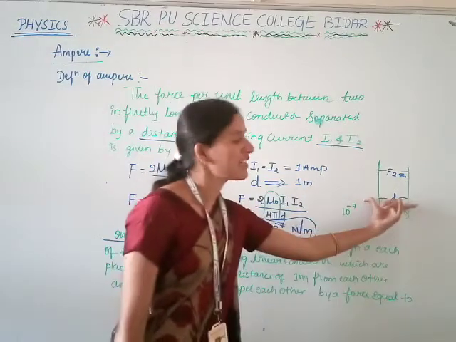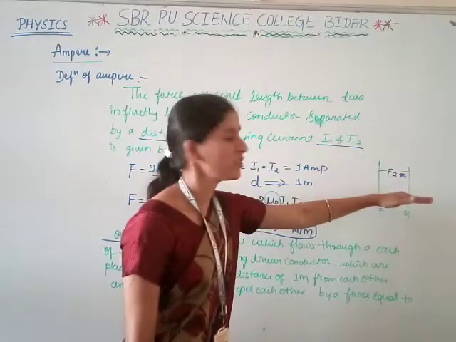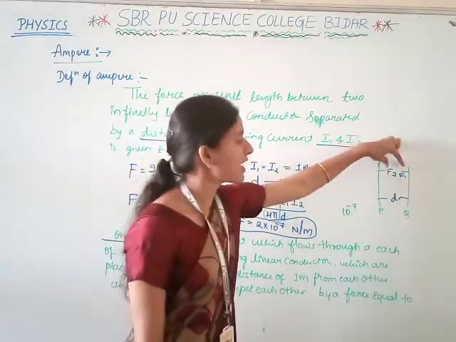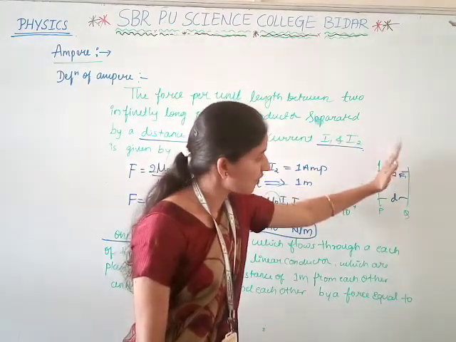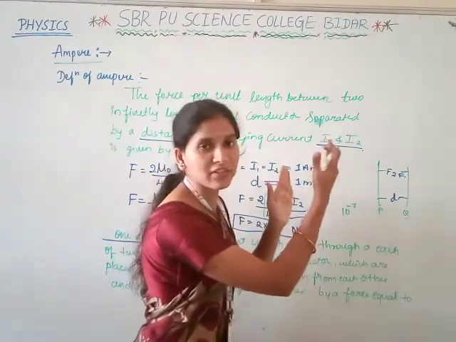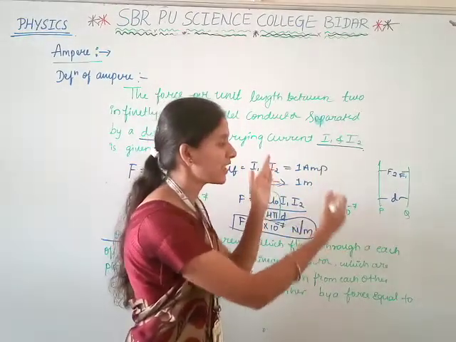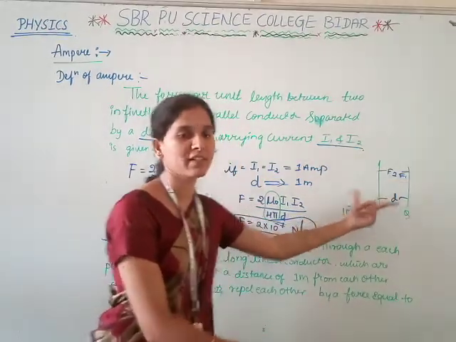They attract each other when the current is flowing in the same direction through both P and Q conductors. They repel when the current is flowing in opposite directions through conductor P and conductor Q, means the forces F1 and F2 repel each other.